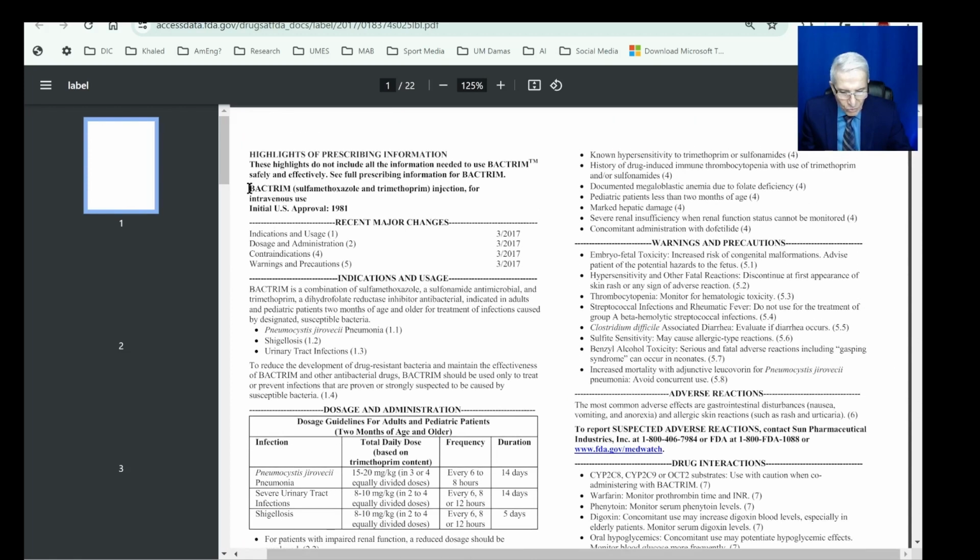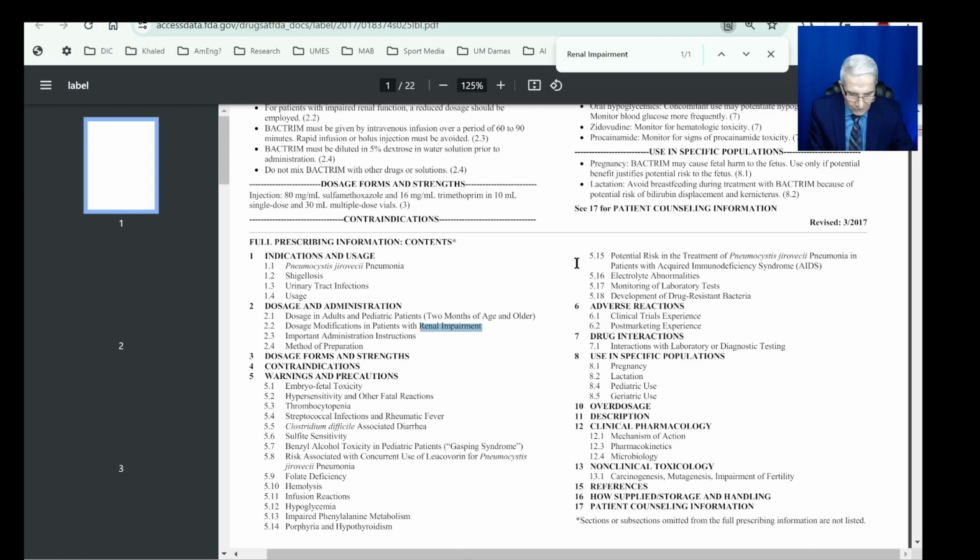Again, the last medication on the list here, Bactrim. Bactrim is a combination treatment of sulfamethoxazole and trimethoprim. Again, if you click on the renal section here, okay, we need to adjust the dose in patients with renal dysfunction.